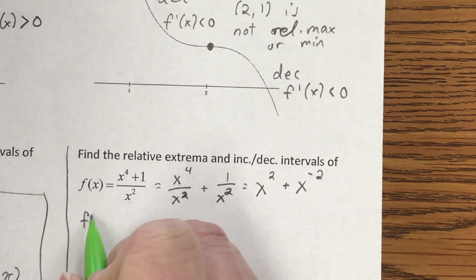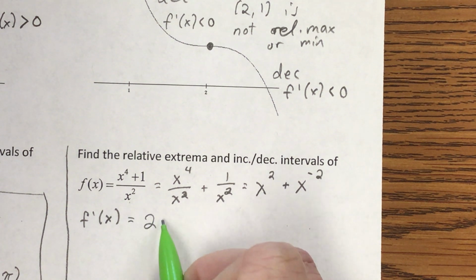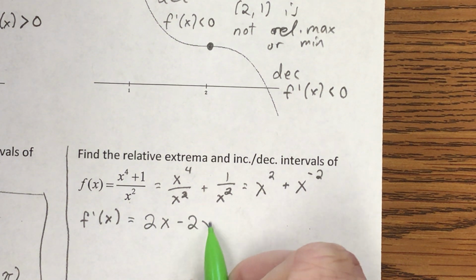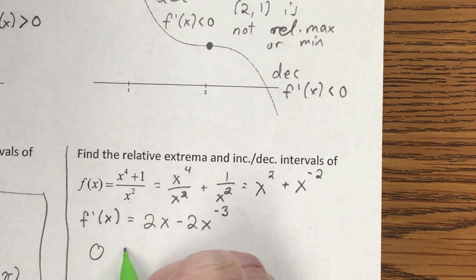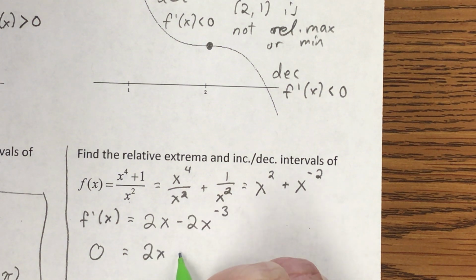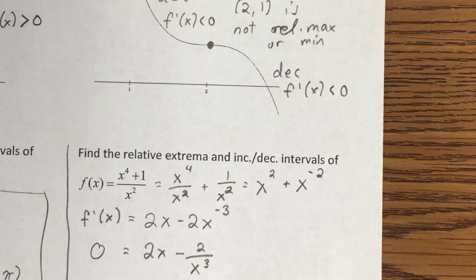And we're going to take a derivative. So f prime of x equals 2x minus 2x to the negative 3. So 0 equals 2x minus 2 over x cubed, right? Move that down to the bottom.